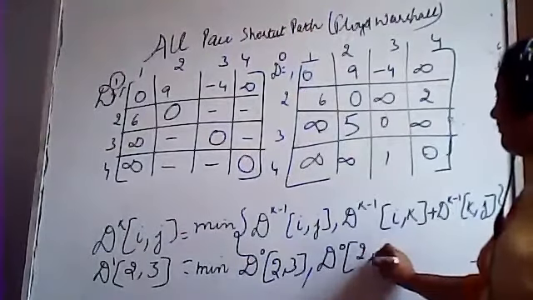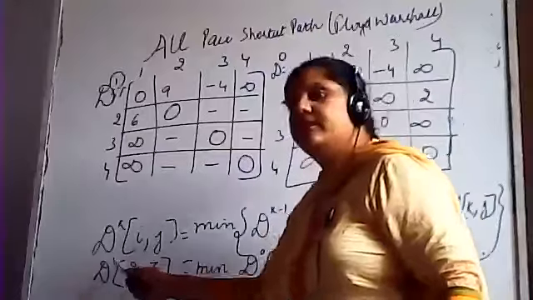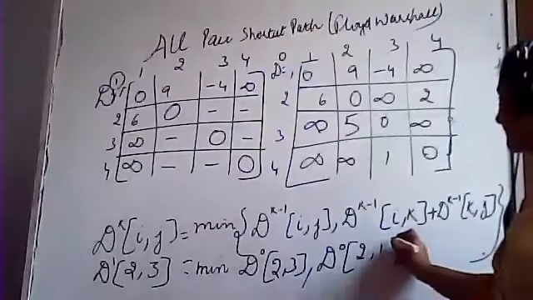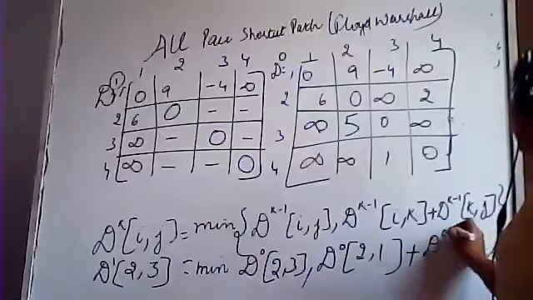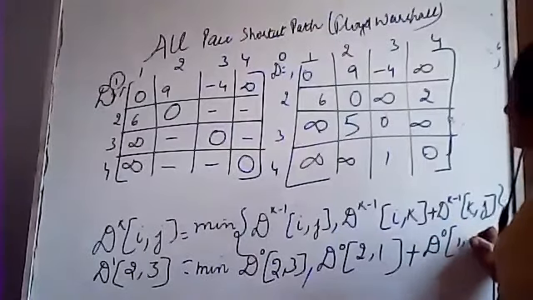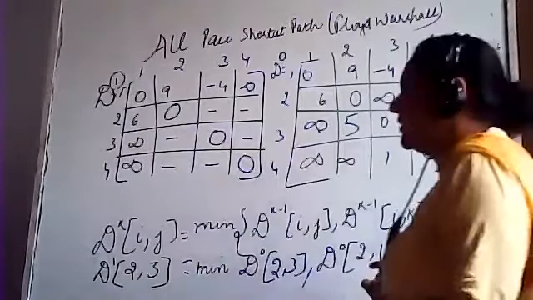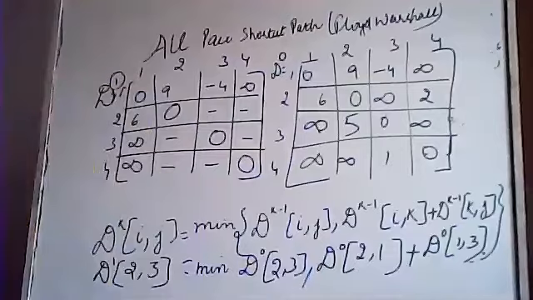What is the value of K? 1. Then plus D of K minus 1 is 0, then 1 comma 3. I've just substituted the values in the formula.